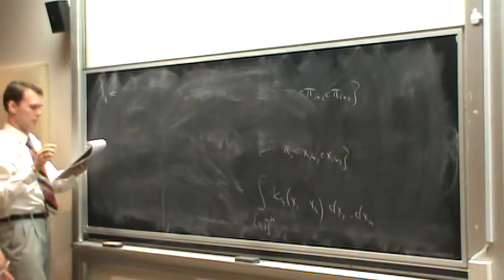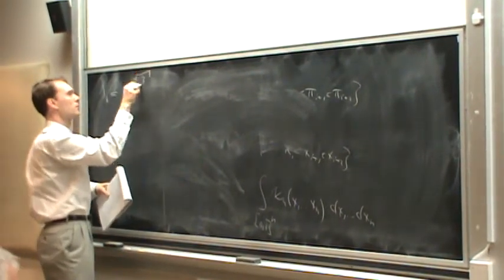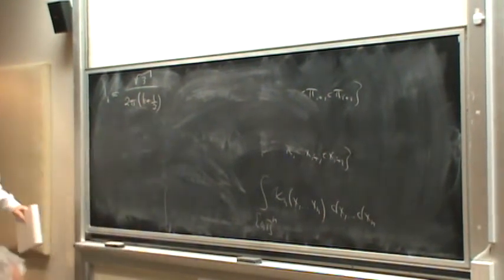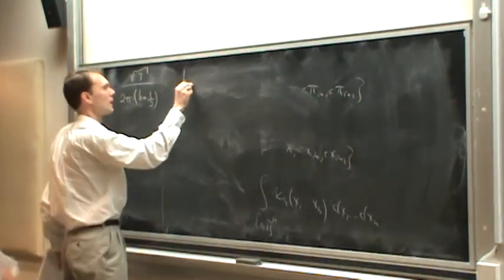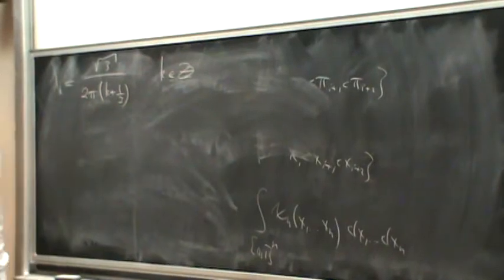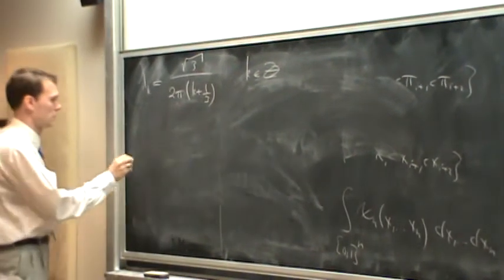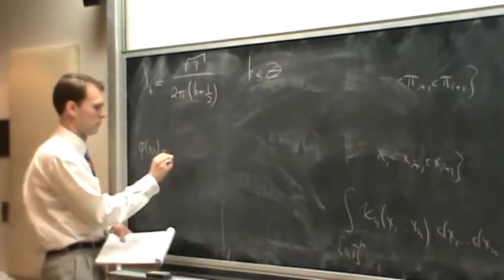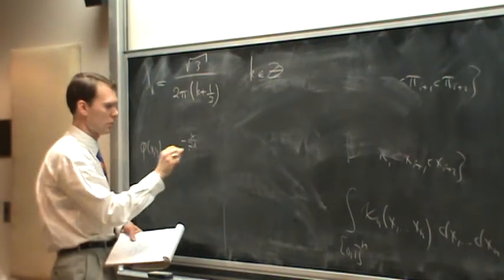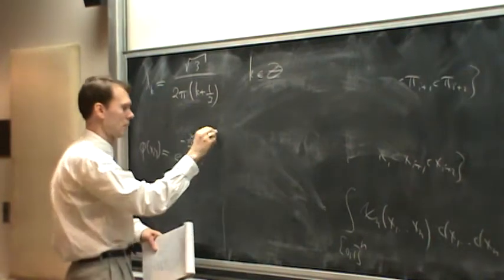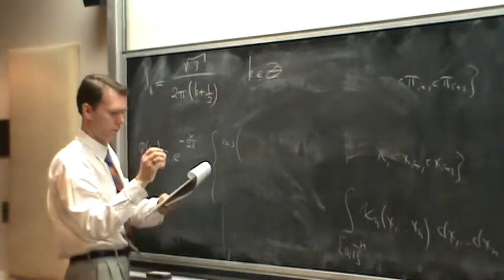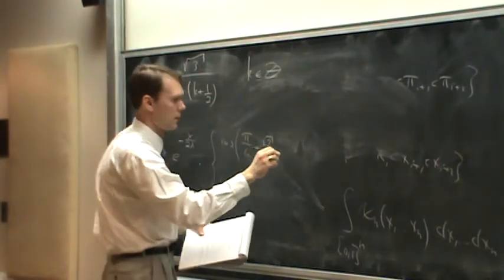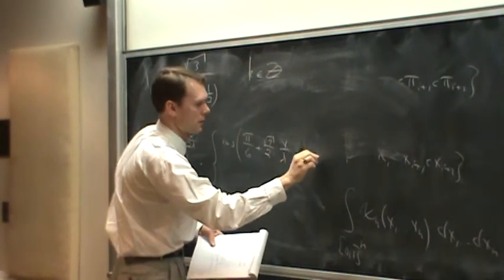Lambda k is equal to square root of 3 over 2 pi k plus a third, where k is an integer, and the eigenfunction itself, phi in terms of x and y, is e to the minus x over 2 lambda, where lambda is the eigenvalue, times cosine of pi over 6 plus square root of 3 over 2 x over lambda, for x less than y.